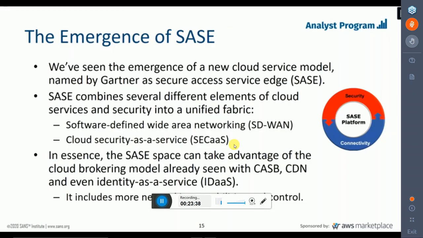Now, you start putting those two things together, and ultimately you'll end up with some capabilities that we've traditionally seen in things like identity as a service, maybe content delivery networks, and definitely cloud access security brokers. So you stir it all up, and ultimately you get this thing called SASE. But SASE is going to become the norm.